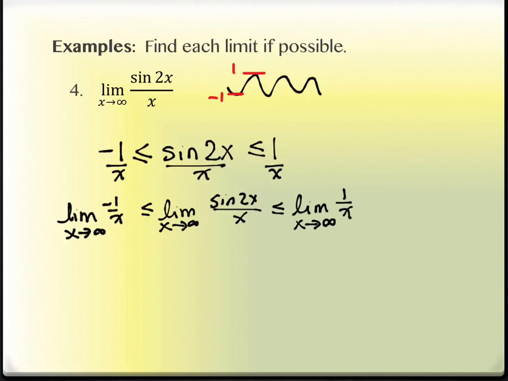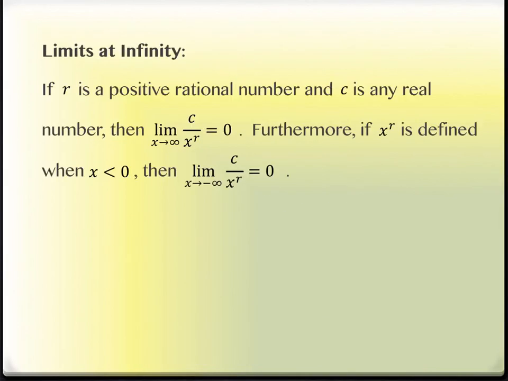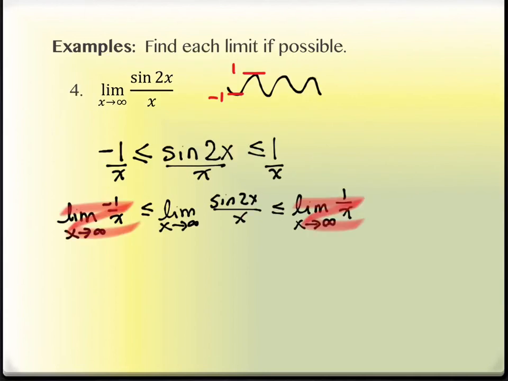The reason is that these two that are sandwiching it in, this is called the sandwiching theorem by the way, both have exactly the form that we discussed before. They're both a constant, C, any real number, positive or negative, divided by x to a power. So what does that mean?